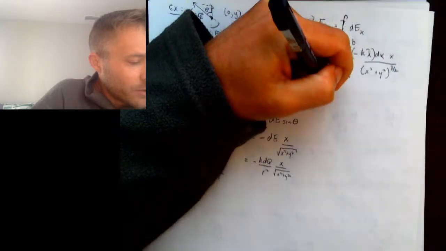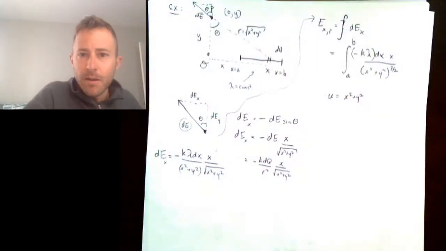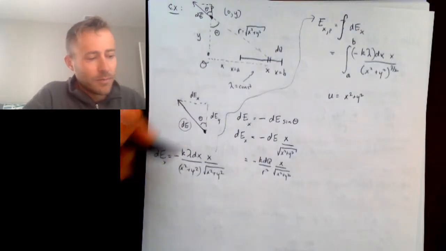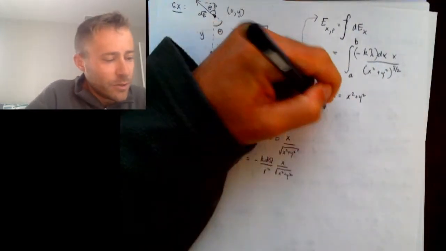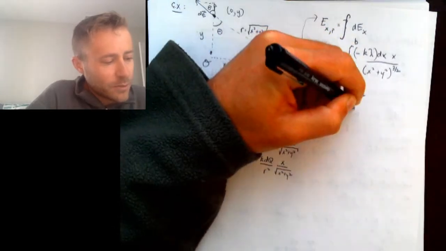This integral could be done with u substitution. If I let u equals x squared plus y squared, and remember, y squared is basically a constant, that means that du is 2x dx.